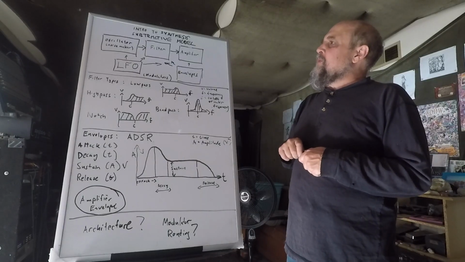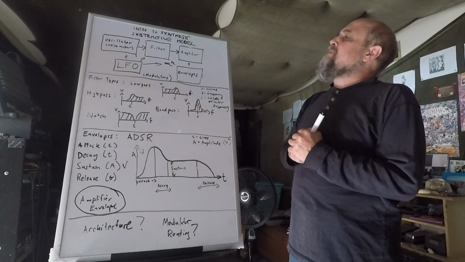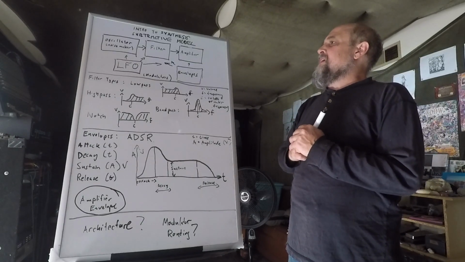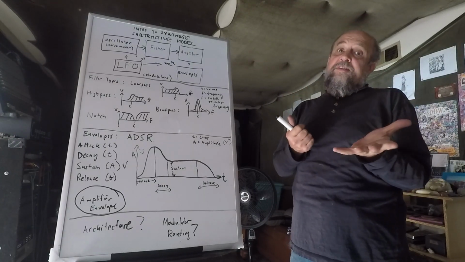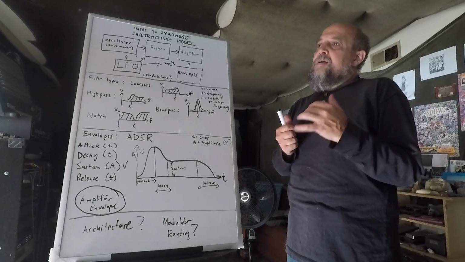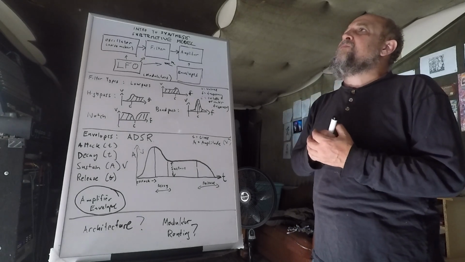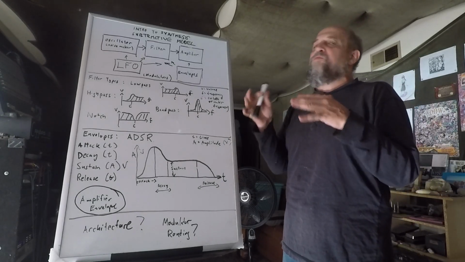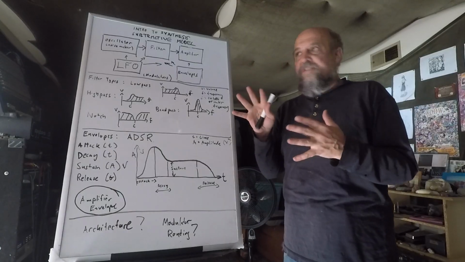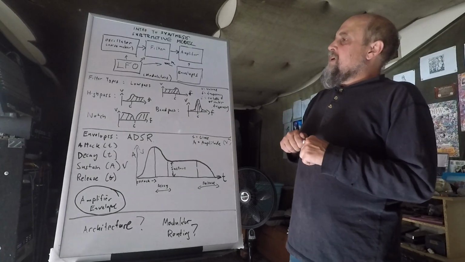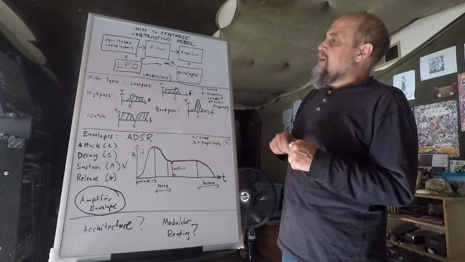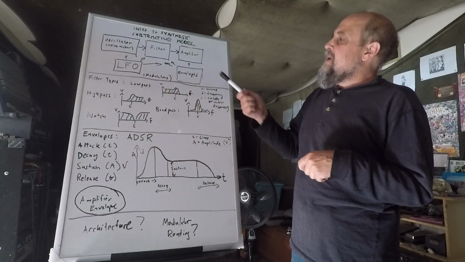So the reason we talk about subtractive first generally is that even though there are all different sorts of synthesizers out there, in my experience, all of them tend to use some bit of the subtractive model in the way that they're set up. There are other elements to subtractive synthesis, namely LFOs and envelopes.